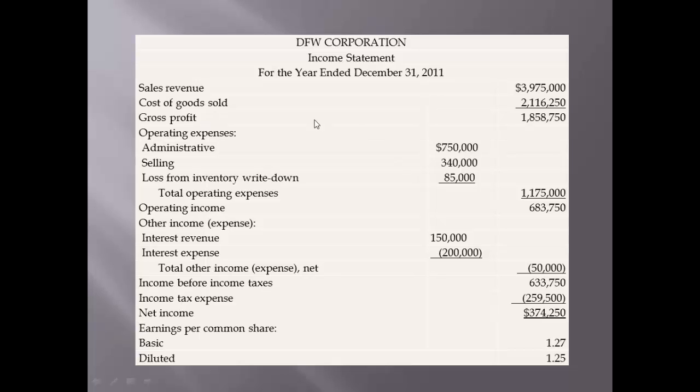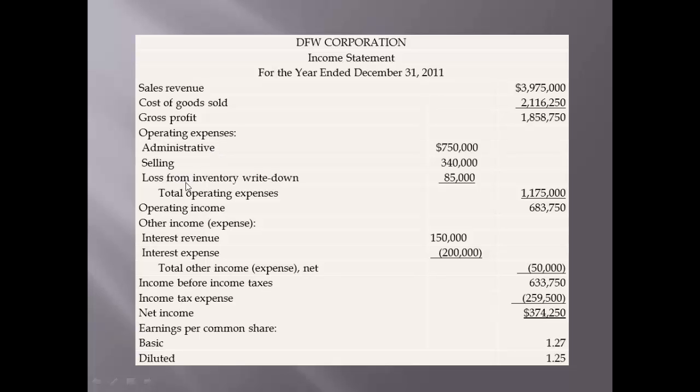Now let's recap some examples of operating items in the income statement. We have sales revenue, or some companies would have net sales, cost of sales or cost of goods sold. We may have selling, general and administrative expenses.